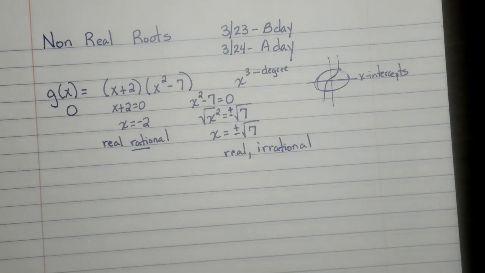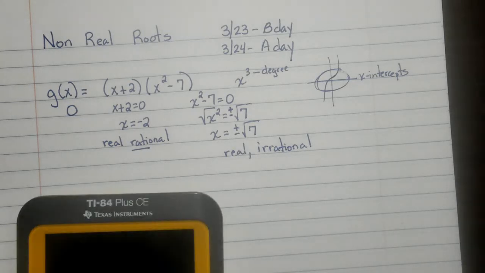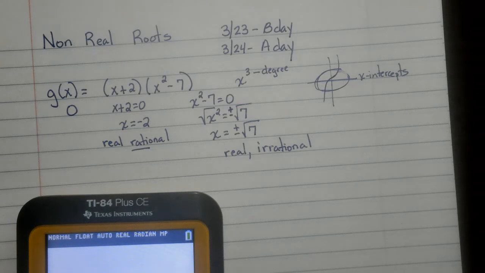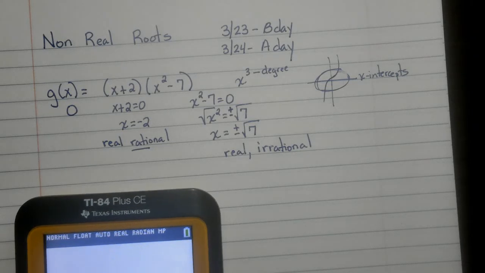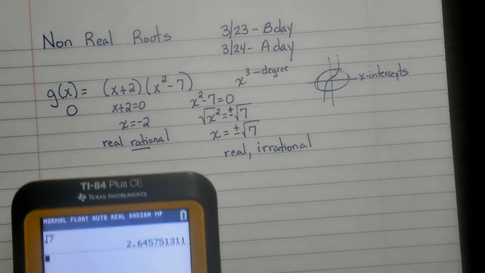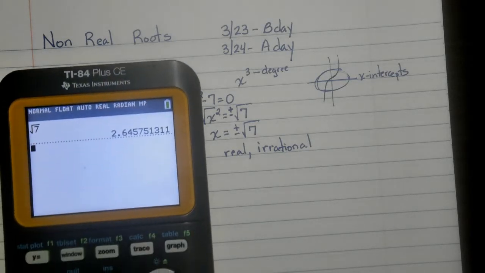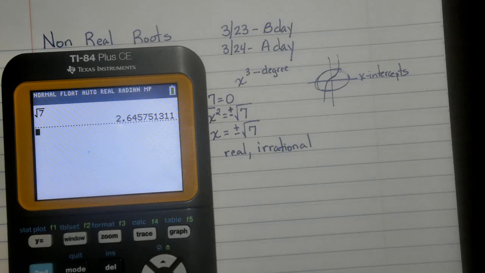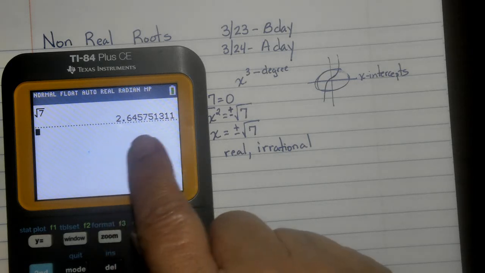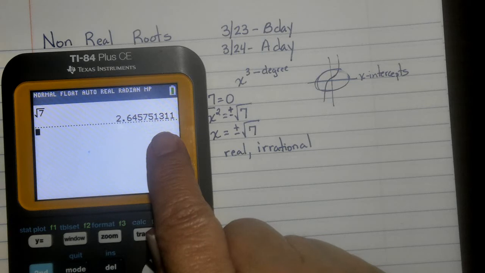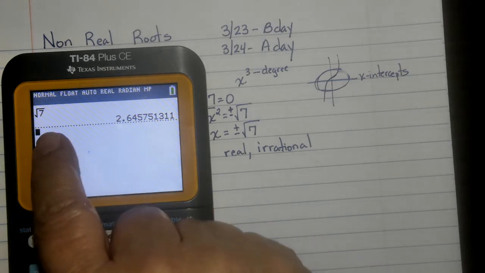So I want you to take your calculator and type in square root of 7. Our calculator spits out this decimal answer, but this is not the complete answer to square root of 7.